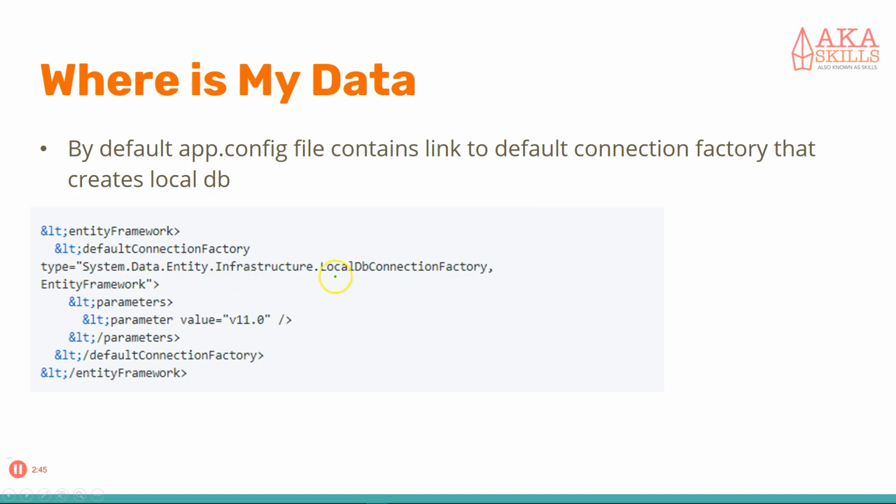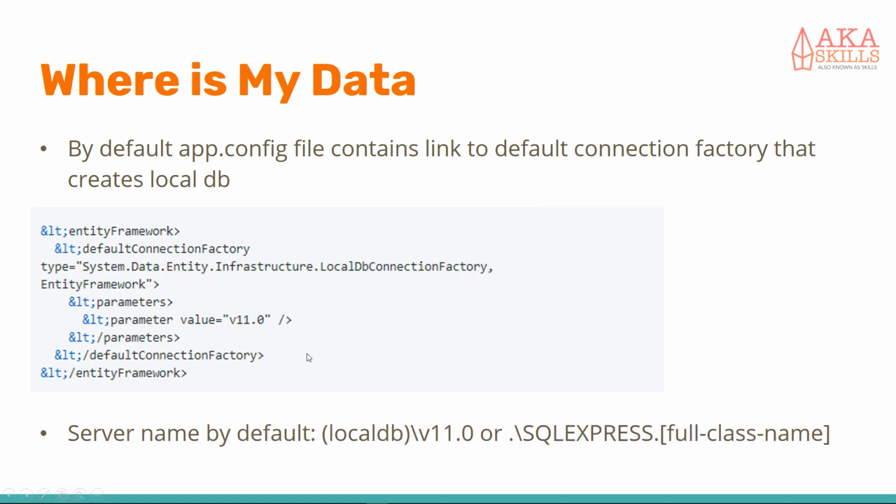So here we've got settings for our connection factory. What is important here is that the server name by default is LocalDB or .\SQLExpress and the full class name. So if you don't specify your own SQL Server, you will use LocalDB, which comes with Visual Studio. We can use Visual Studio Server Explorer to view the database.